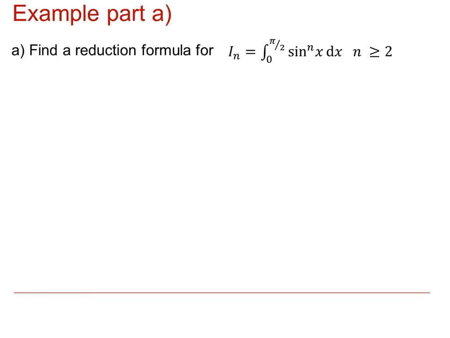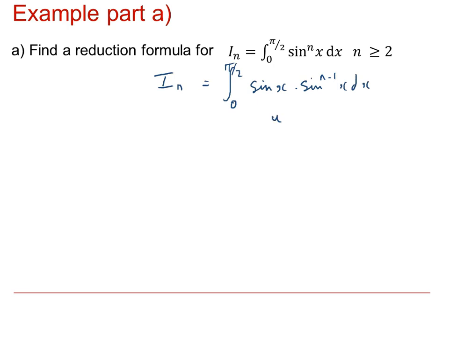Well, there are different ways of doing the first part, but one way is to first of all split the integral into the following: 0 to pi by 2 of sine x multiplied by sine to the power n minus 1 of x dx. And then we can use integration by parts.